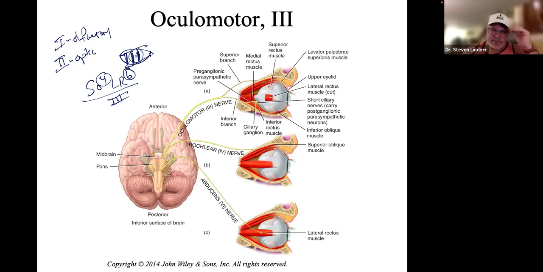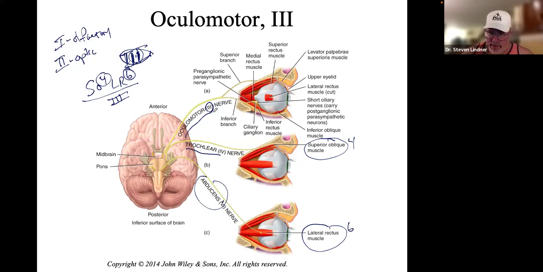Okay, so this picture right here shows the oculomotor, cranial nerve 3. Underneath it is cranial nerve 4, the trochlear, SO4. And then you have the abducens, which is LR6, cranial nerve 6. So SO4, LR6, all over 3, all the other eye muscles are cranial nerve number 3.